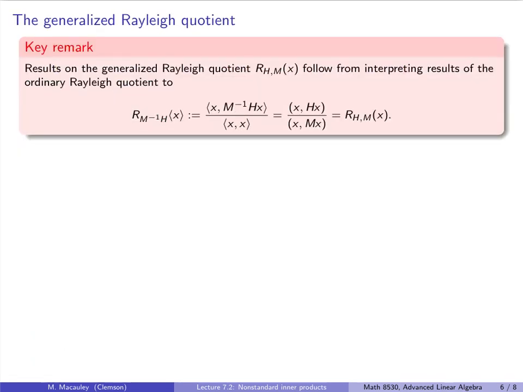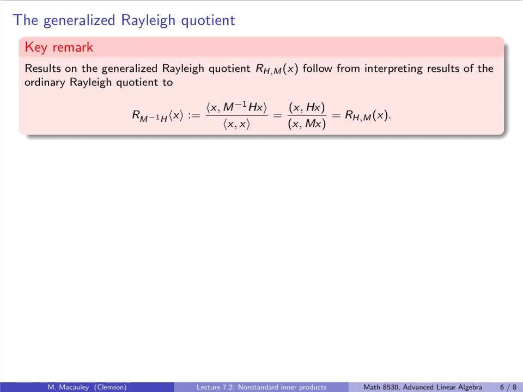What this means is that all of the results that we have proven for the ordinary Rayleigh quotient carry over to the generalized Rayleigh quotient. We just have to interpret them in the right inner product. So I'm going to go through and re-summarize them. Please watch the video on the Rayleigh quotient if you have not already.